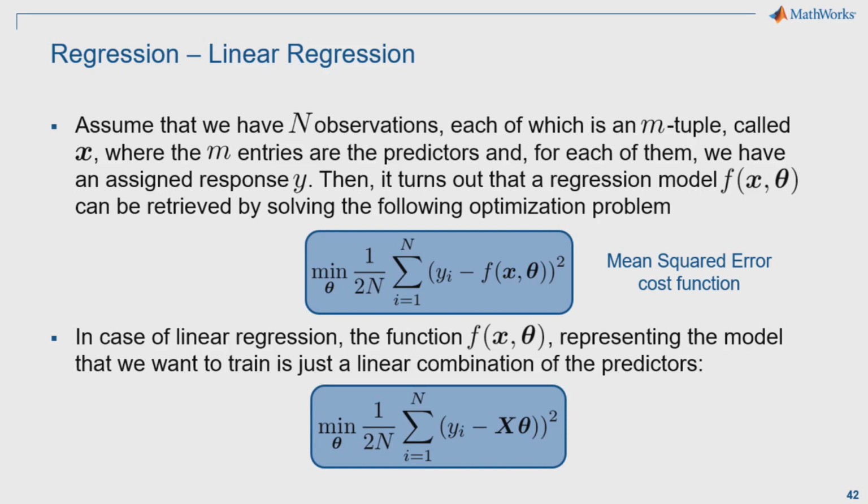So we have m dimensions, m features, m predictors, also called, and these tuples are called x, and they are vectors, of course, because they have m dimensions. And when we have a regression problem, we have a response variable y, which is a continuous variable.